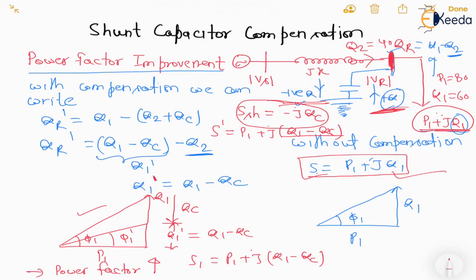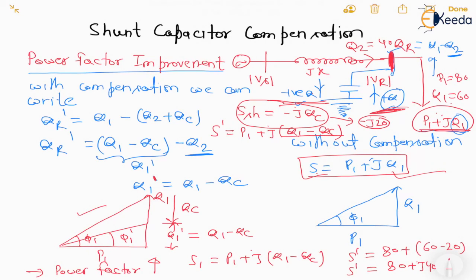And if we attach one compensation, meaning minus J20, in terms of this it will become minus of J20. So we will add this, and this will become 80 plus J into 60 minus 20, so 80 plus J40. So total S dash we can write as 80 plus J into 60 minus 20. 60 is the previous load and 20 is the shunt capacitor compensation. The load becomes S dash equal to 80 plus J into 40.